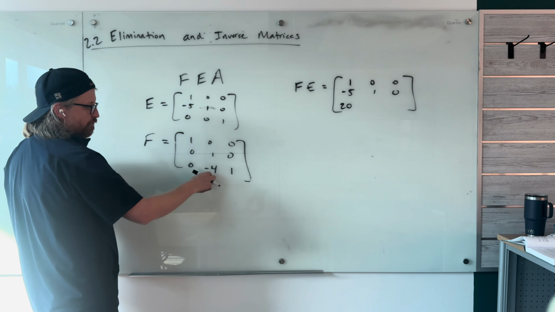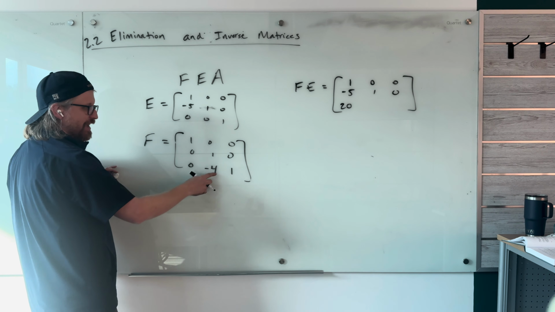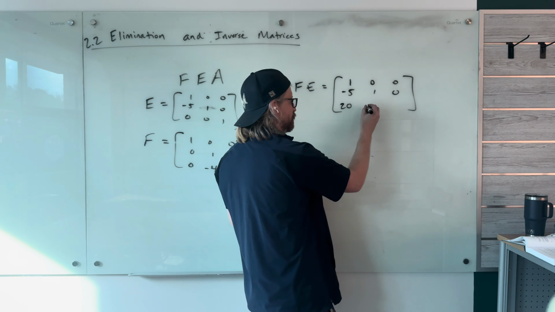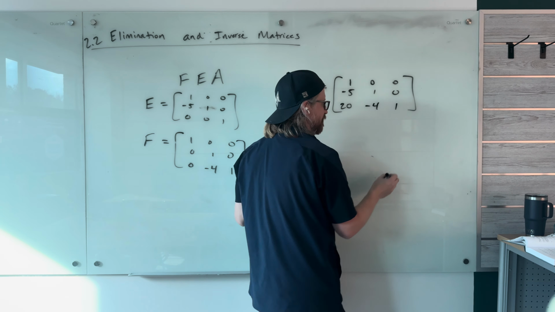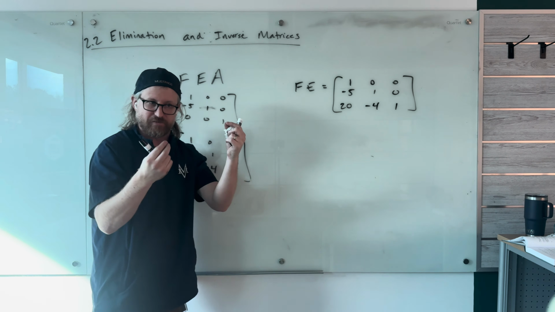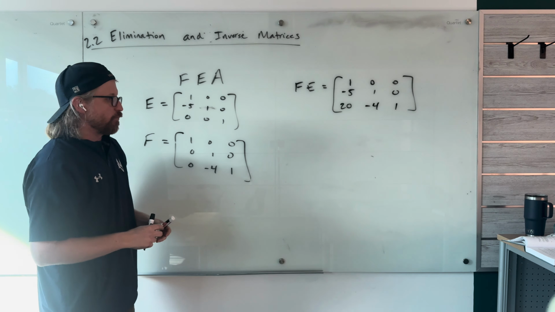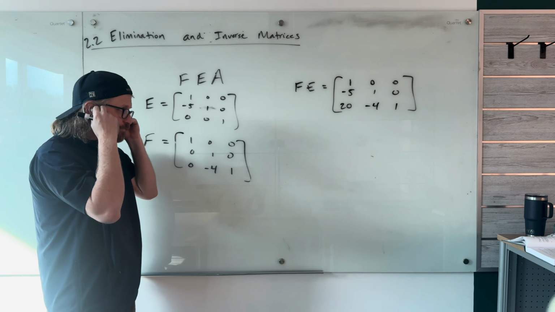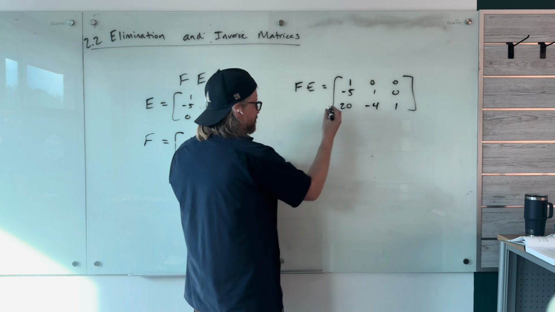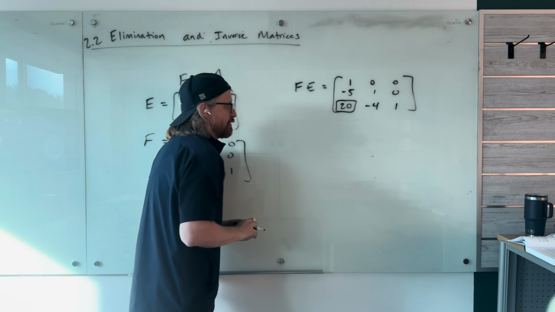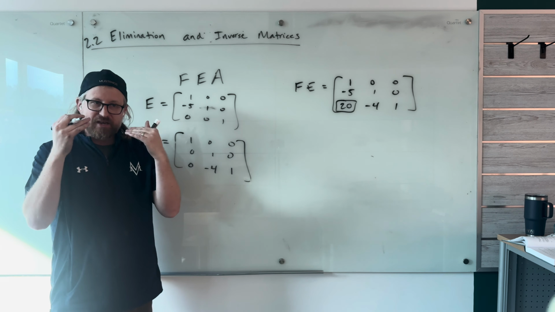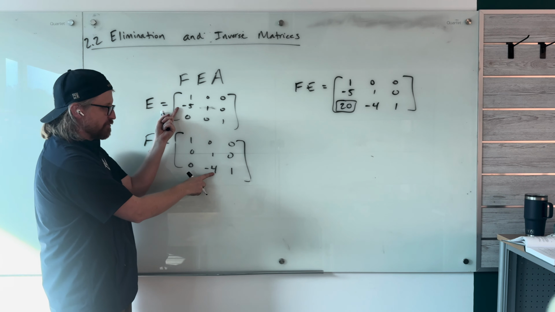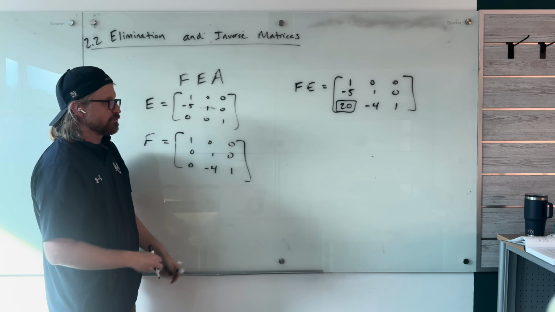And then when I do the remaining pieces, it lines up with what we initially were doing. This is going to be negative 4 and negative 1. We see those still as individual pieces of what we're trying to do with the elimination. But what's interesting is that this 20 comes from the combination of these two elimination steps.